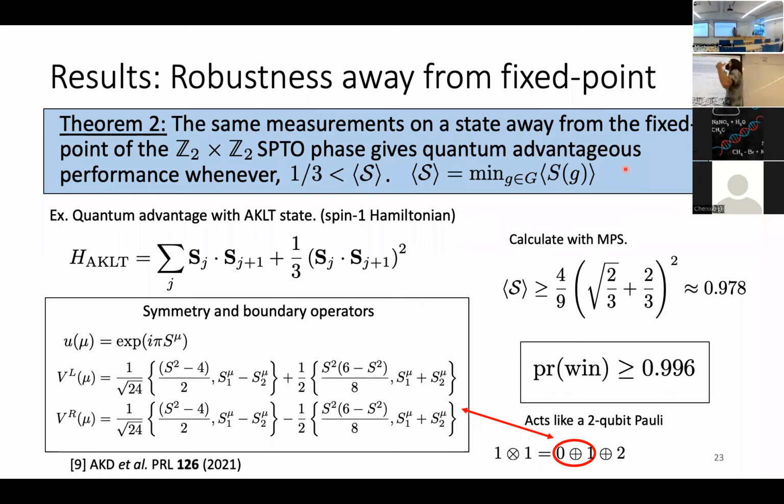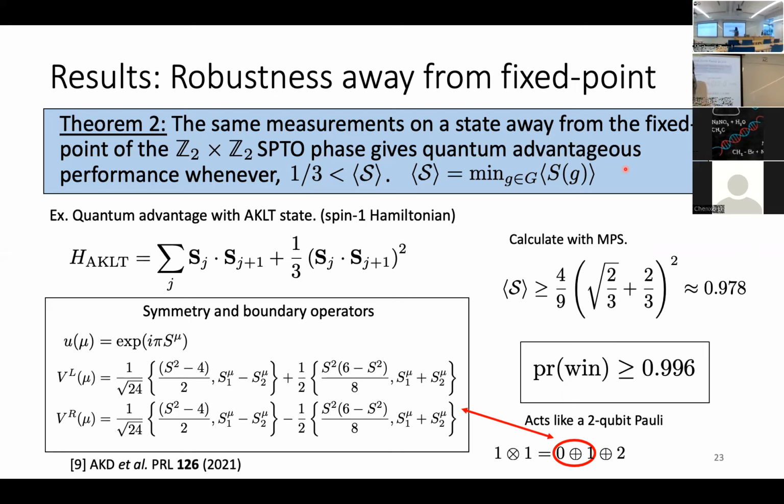If I consider a non-fixed point state in this Z2 cross Z2 SPTO phase, one example that I can calculate everything analytically with my fingers for is this AKLT state. So I could take this AKLT Hamiltonian. Its ground state is the so-called AKLT state.